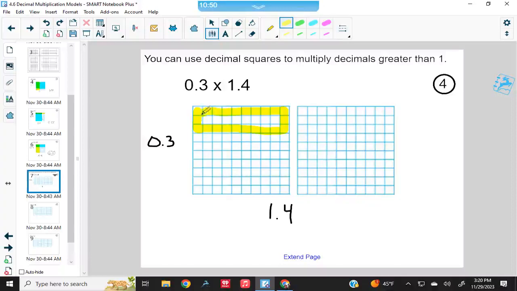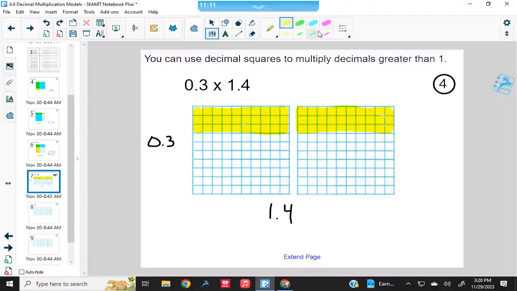So I fill in my first one. Then I fill in my second one. So I have 3/10 on both base 10 blocks here.